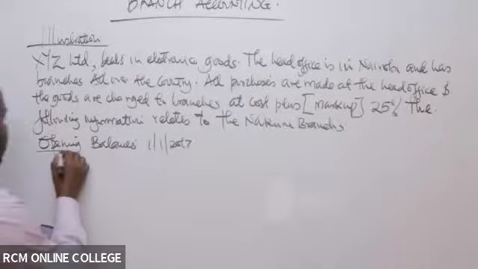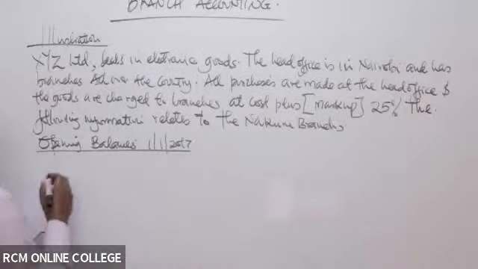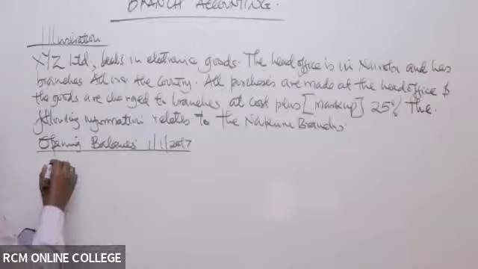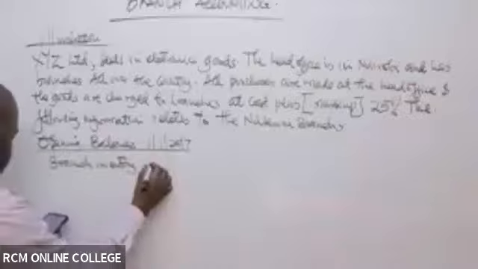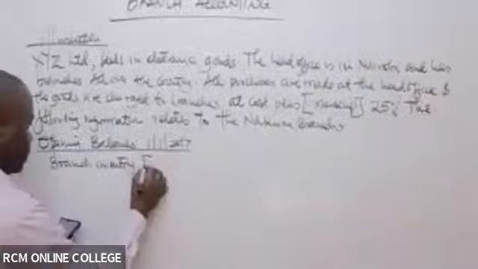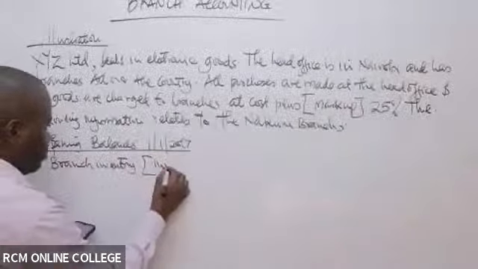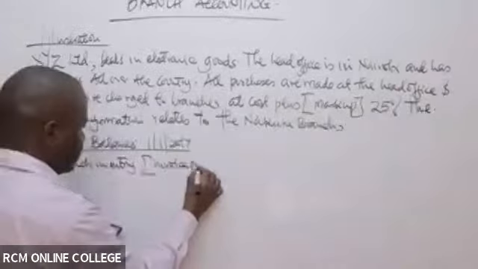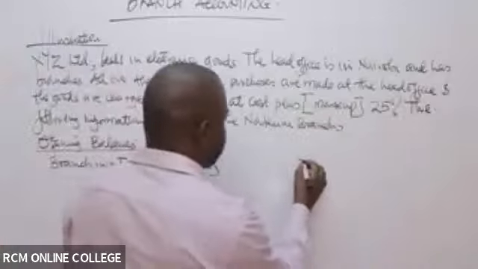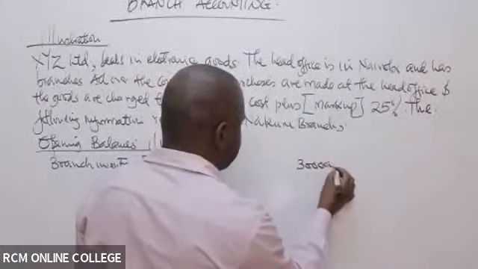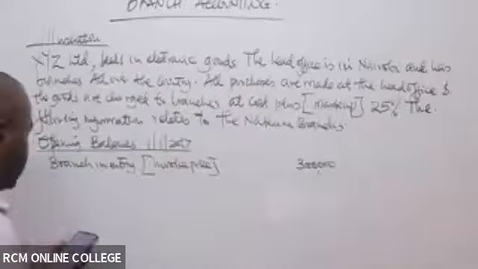So these are the opening balances for this year. The branch inventory account has a balance, at invoice price, of 300,000.